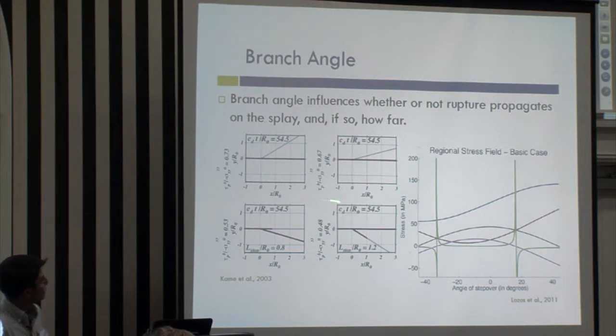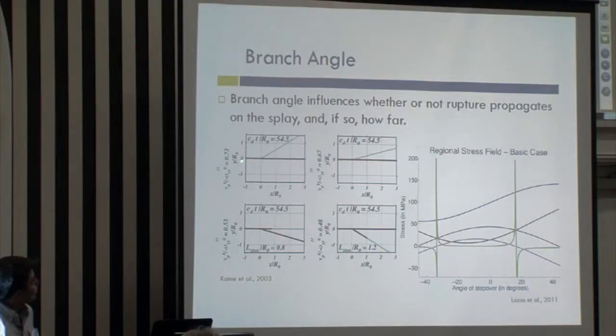This is just one example. All four of these have the same initial rupture velocity, the same stress field orientation, and the same nucleation point. What's varying in them is the branch angle. In this one, the red indicates the part of the fault that did rupture.